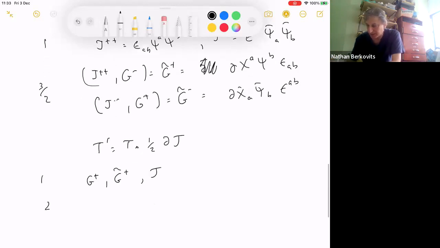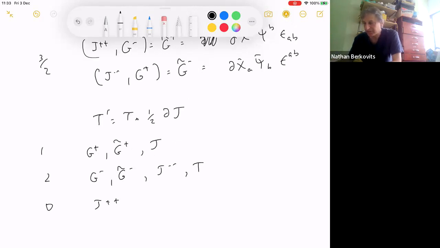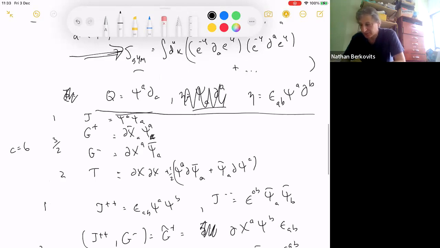Whereas the operators G minus, G tilde minus, J minus minus, T carry conformal weight 2, and J plus plus carries conformal weight 6. So this can be done for any c equals 6, N equals 2 superconformal field theory.